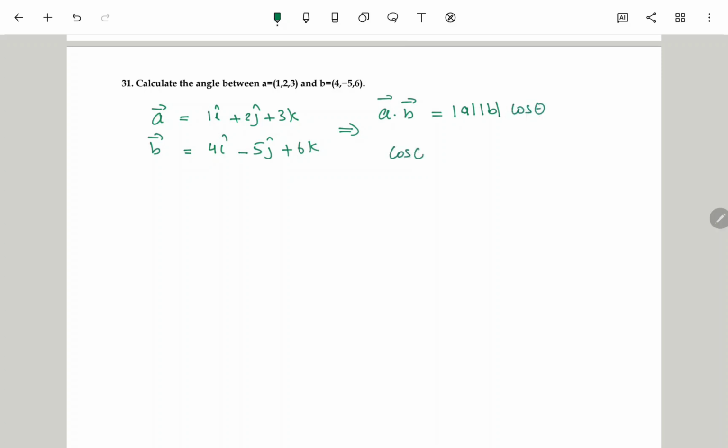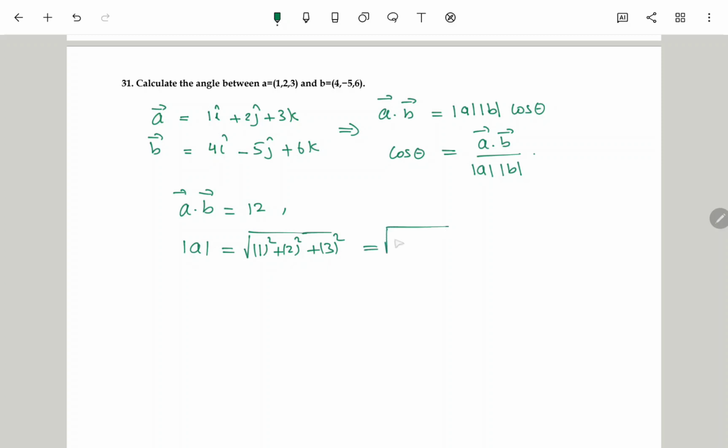And cosine theta equals A dot B divided by magnitude of A times magnitude of B. We just calculated A dot B equal to 12, and magnitude of A is equal to the square root of 1 square plus 2 square plus 3 square, which is 1 plus 4 plus 9, the square root of 14.